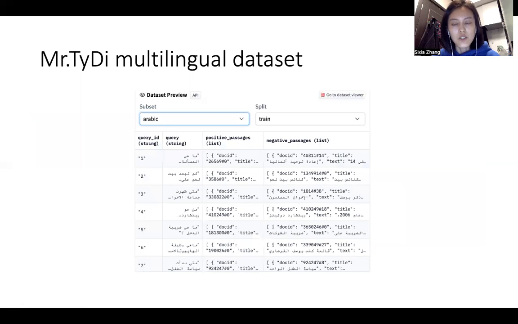For the third task, I did an investigation on the multilingual dataset, which is called Mr. TyDi. On this dataset, there are 11 different languages.